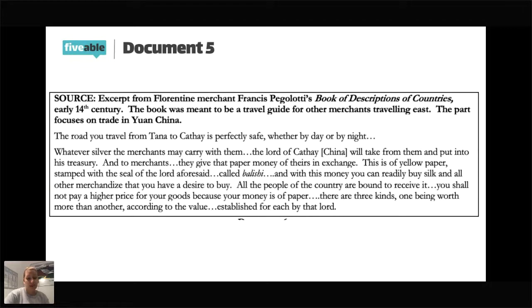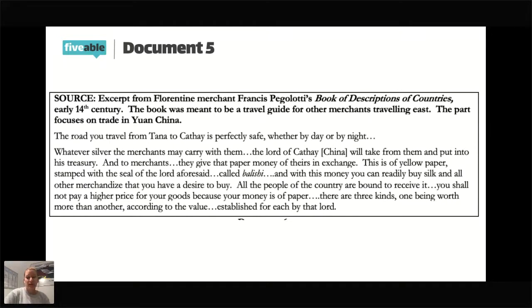And with this money, you can readily buy silk and all other merchandise that you have a desire to buy. All of the people of the country are bound to receive it. You shall not pay a higher price for your goods because your money is of paper. There are 3 kinds, one being worth more than another according to the value established for each by that lord.